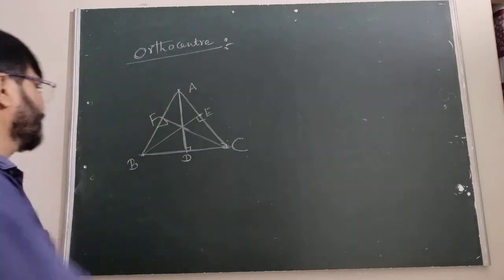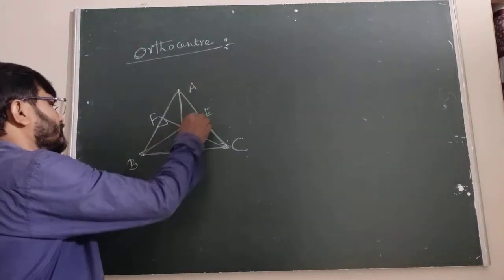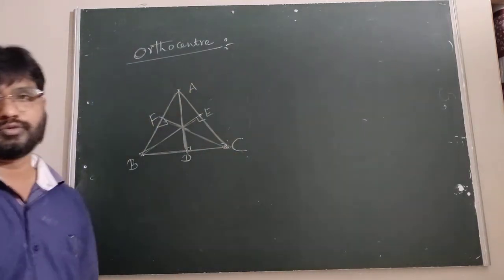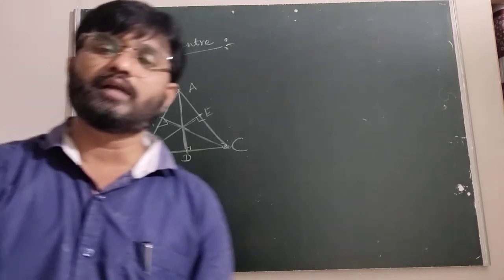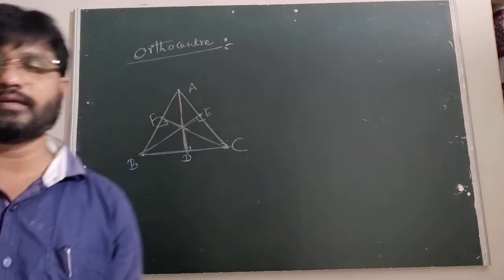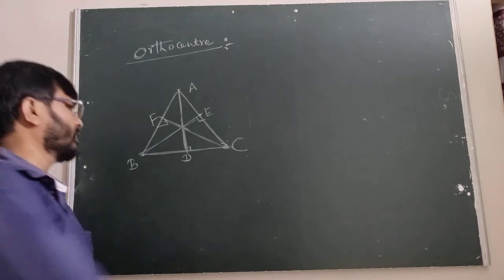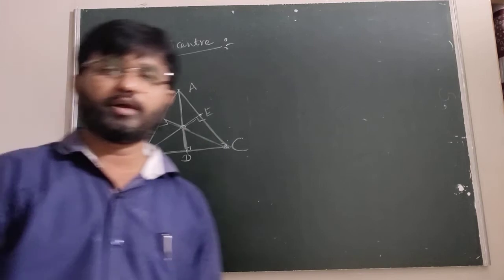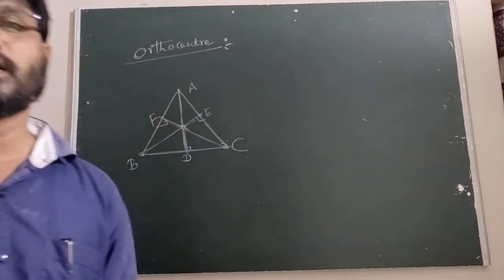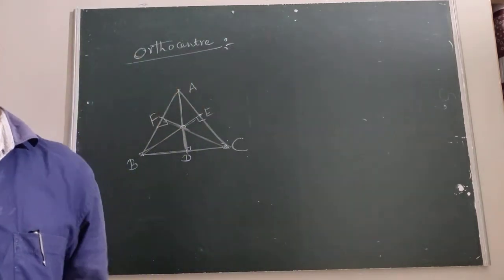So AD, BE, CF are the three altitudes. The altitudes are concurrent in a triangle. Concurrent means they have a common point.